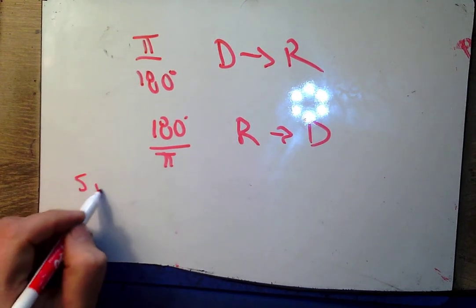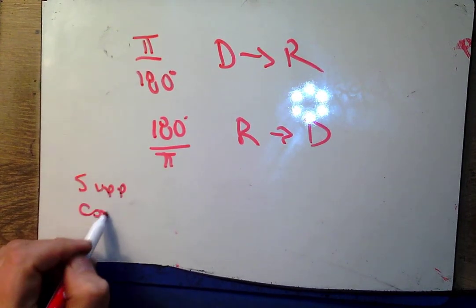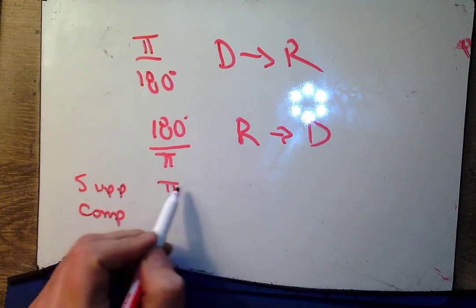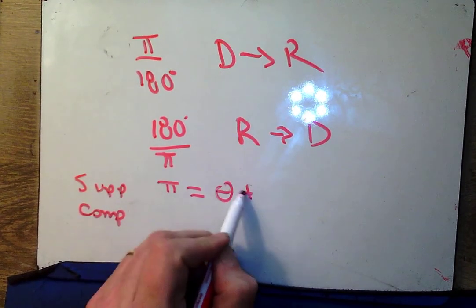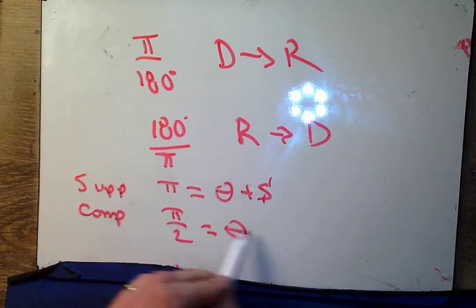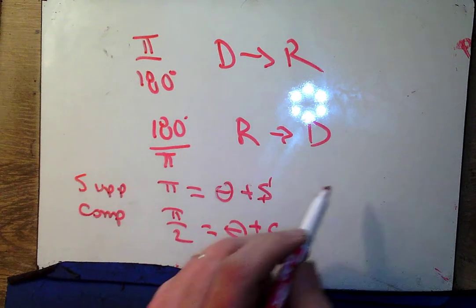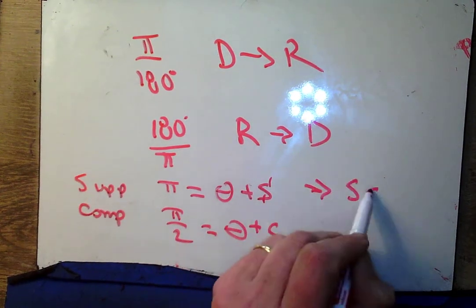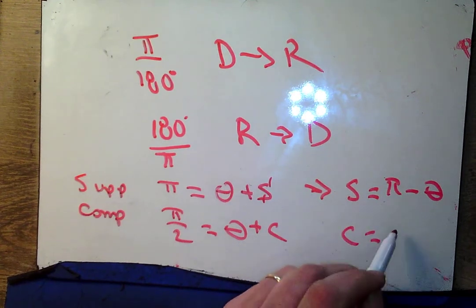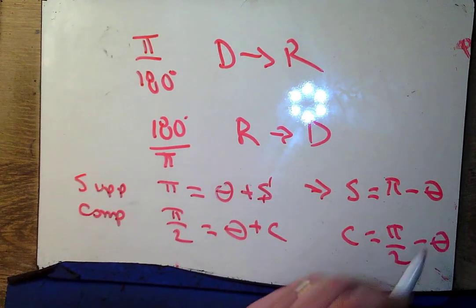You should be able to find supplements. You should be able to find complements. You know that pi equals theta plus its supplement, and pi over 2 equals theta plus the complement, and so therefore supplement is pi minus theta, and complement is pi over 2 minus theta.